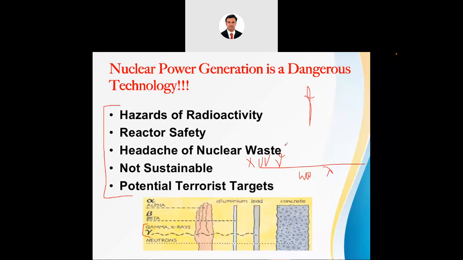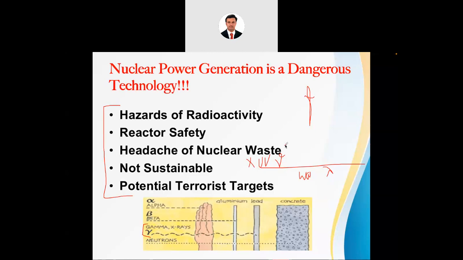Then the hierarchy of nuclear waste. After combustion of the nuclear fuel, how to dispose of the remaining waste is very difficult, because it contains a very high level of radiation. We cannot directly exhaust it or put that waste into the environment.